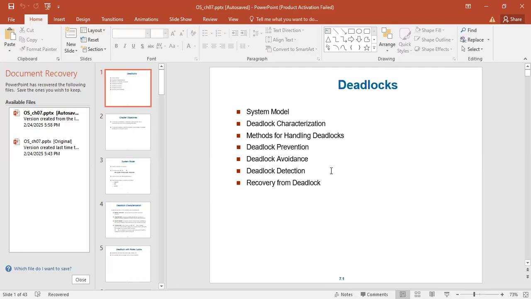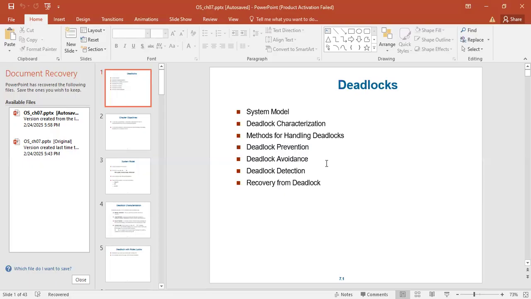Today's topic is deadlocks in operating systems. For any operating system, we have to ensure that the system processes are executing without deadlocks.